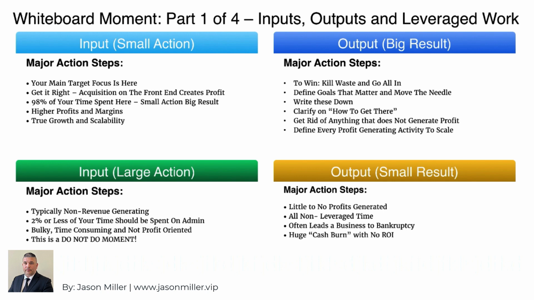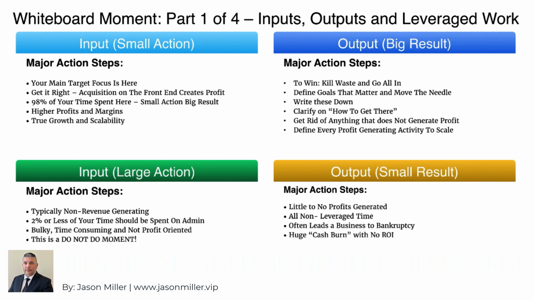So we want to focus on that small action input versus the large action input because you get a small output, small result, no profits or very little. Okay, it's not leveraged time. It often leads to bankruptcy and a big cash burn, period. And your ROI is horrible. This is really where you have to focus on the things that matter in your business at your level. And that could be a lot of different things.